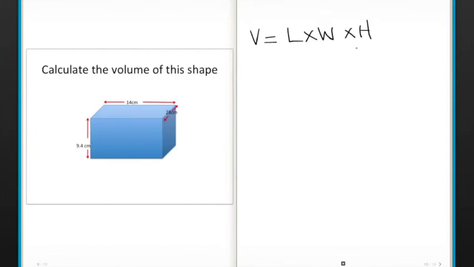Before I start, I'm going to estimate my answer. So to do that, I'm going to say 10 times 15 times 30. I've rounded all the numbers up a bit just to see what my estimate will be.